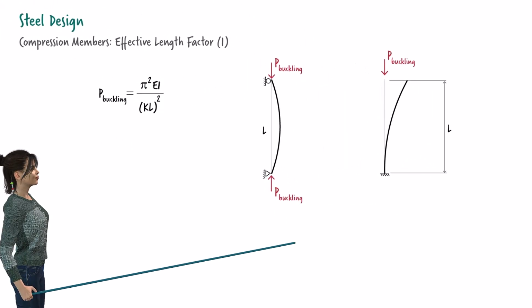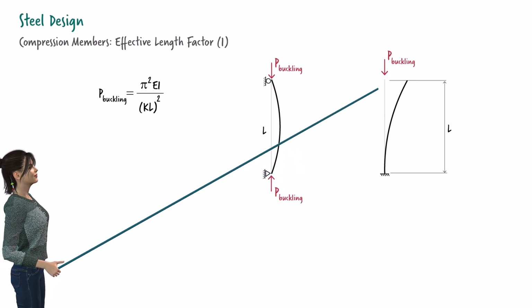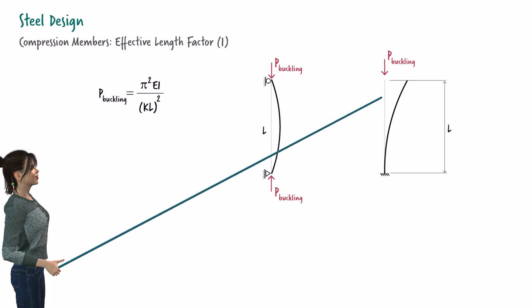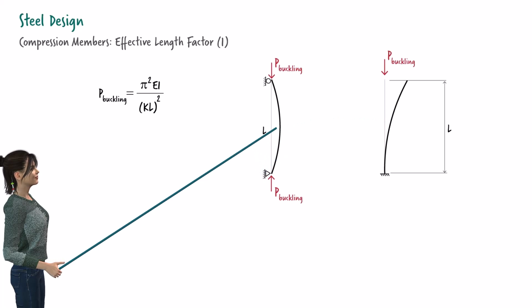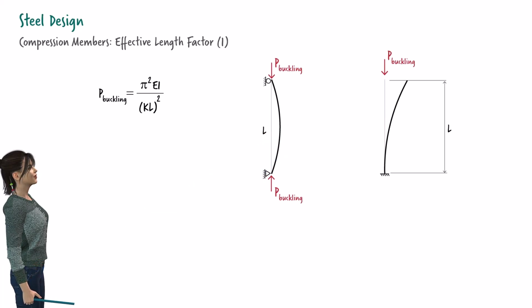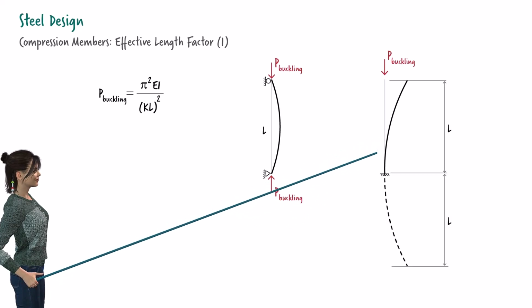Consider the case where one end of the column is fixed and the other is free. In this case, the column buckles like this. This curve matches half of this curve. To arrive at a full curve that resembles the buckled shape of the simply supported column, we can draw a mirror image of this curve.